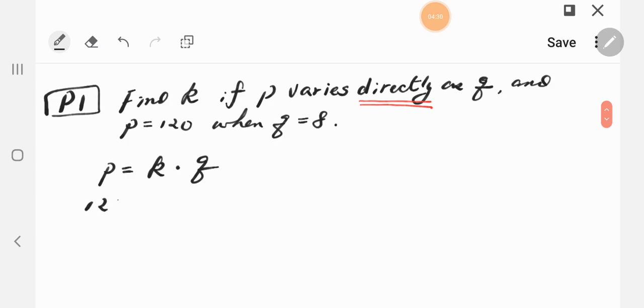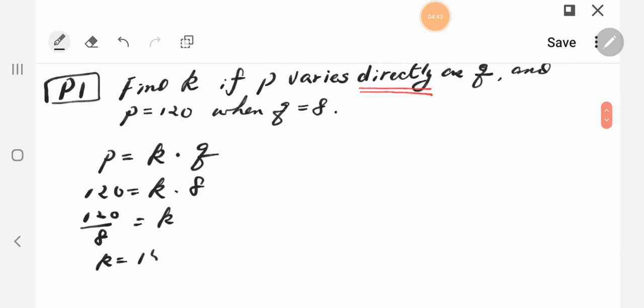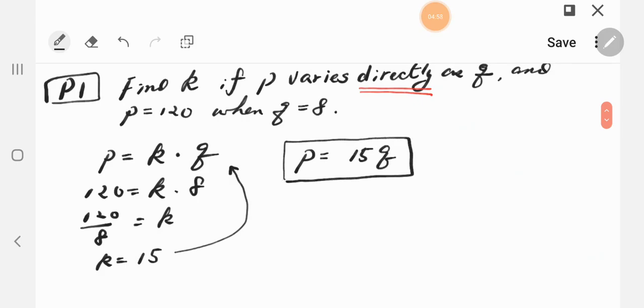P is 120 and q is 8. So from this, k is equal to 120 divided by 8. Then k is equal to 15. So now substitute this 15 for the constant of variation k. Then p will be 15q. So that's the equation of this direct variation.